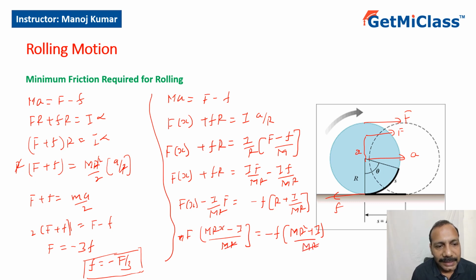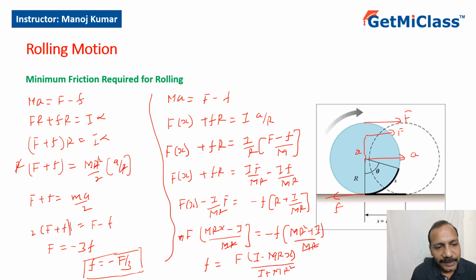I am left with f, the minimum friction required, equal to the applied force into I minus MRx by I plus MR square.